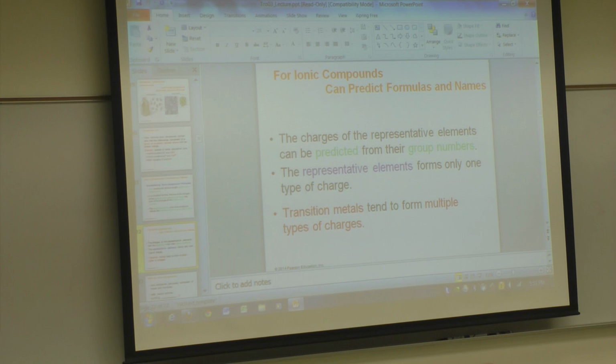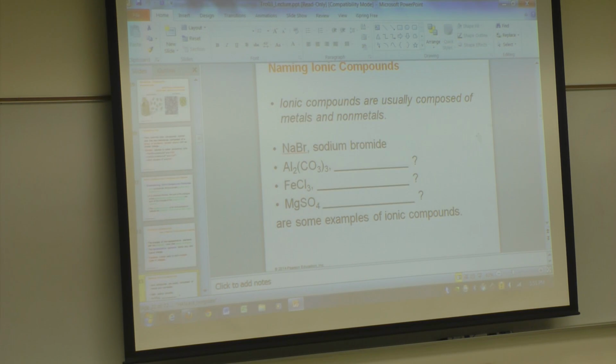And we have been talking about representative elements that only form one type of charge, but there are also transition metals that tend to form multiple charges, just like iron, cobalt, nickel, copper, and we'll cover them shortly.